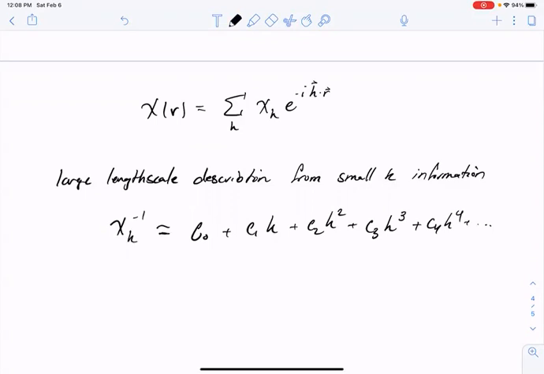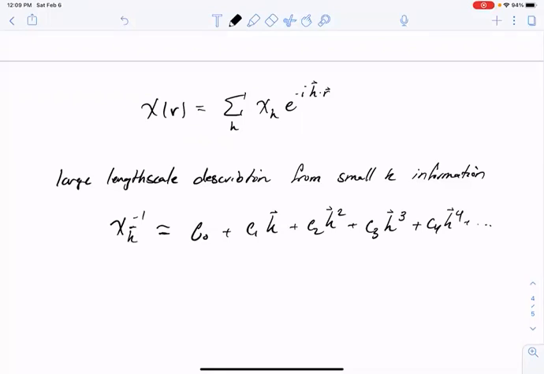Now we have to be a little bit careful because these are vectors. So what we really mean at higher order, you have to think a little bit about. Maybe these are tensor products such that chi becomes itself a tensor.